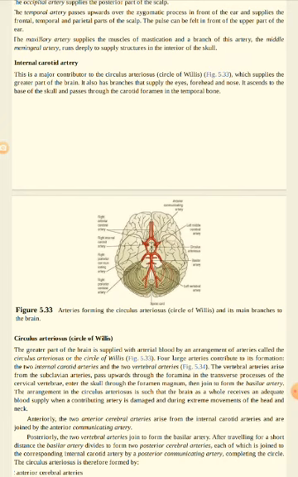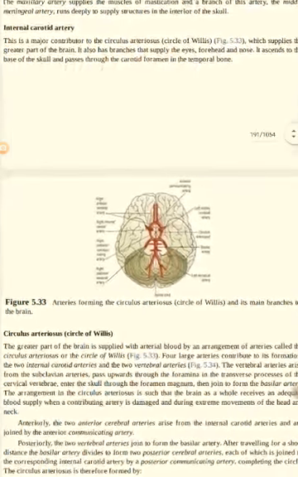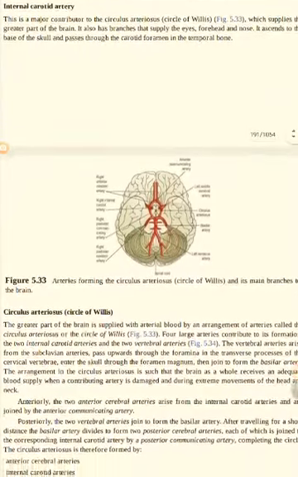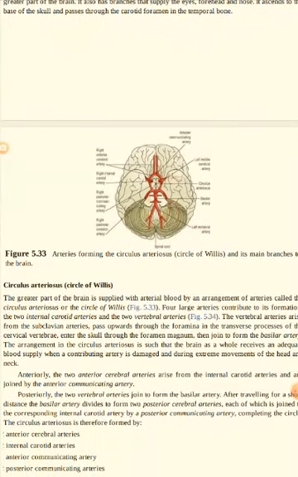The four large arteries which contribute to the formation of the circle of Willis are two internal carotid arteries, one from each side, and two vertebral arteries, one from each side. We don't learn much about where the vertebral arteries arise.